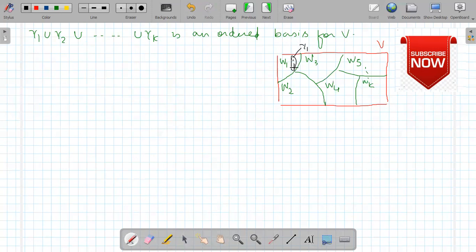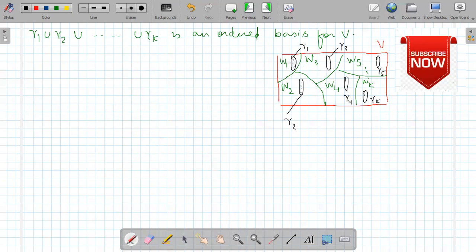This is gamma 1. Similarly, here we have some collection of vectors which is called gamma 2. Here we have gamma 3, gamma 4, gamma 5, and gamma k.